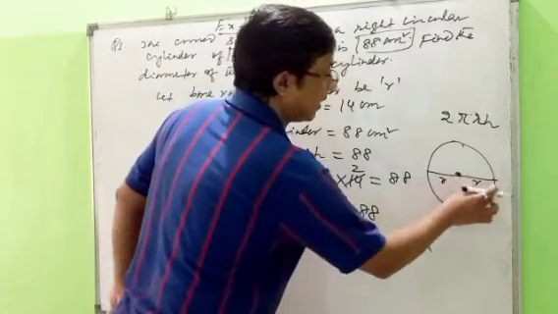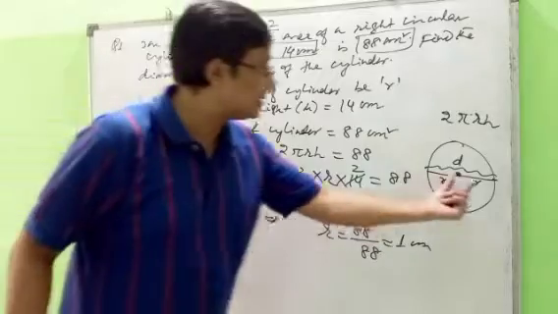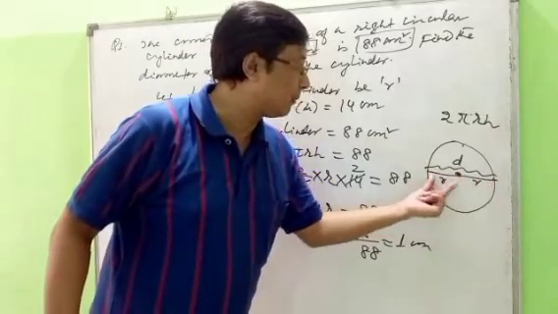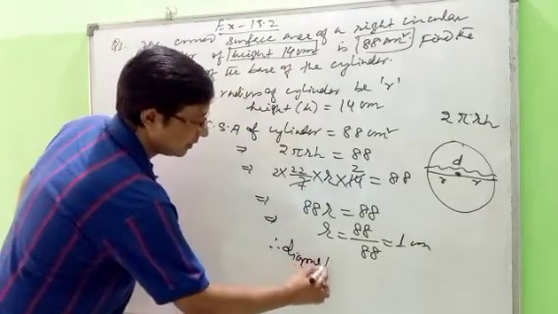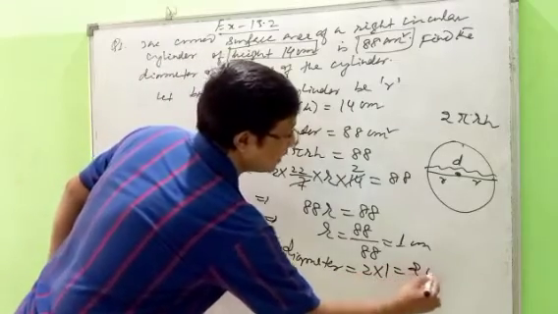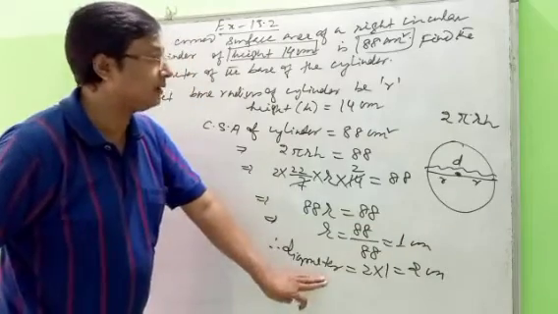So r plus r gives the diameter. Therefore, diameter equals 2 into 1, which is 2 centimeters. So you have got the diameter.